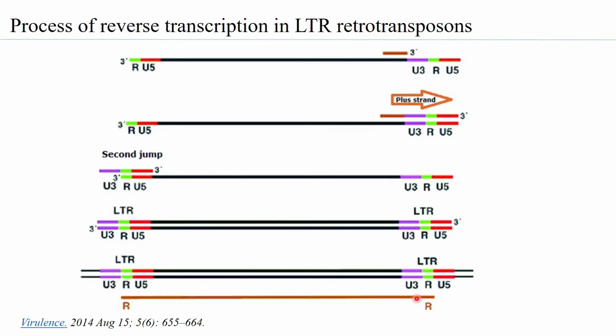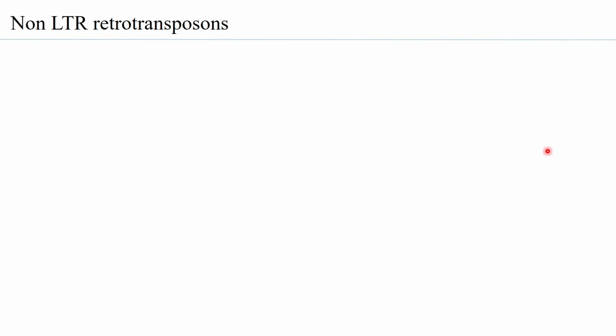So this therefore is the long terminal repeat retrotransposon that has been converted into a complementary DNA. Okay, and this complementary DNA is then integrated into the target DNA. So this is how the reverse transcription process happens in the LTR retrotransposons.